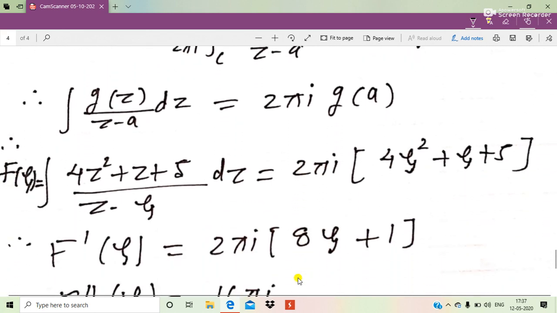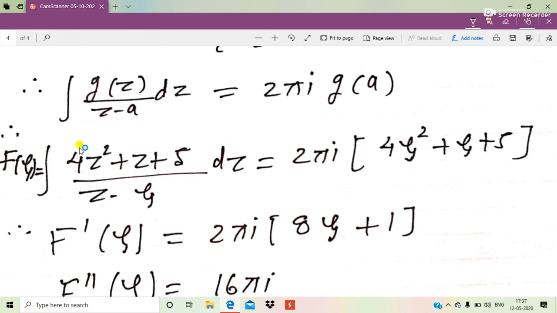Now if we compare with the given question, the value of g of z will be 4z square plus z plus 5, and z minus a will be z minus zeta. So in place of a we have to put zeta. Therefore its value will be 2 pi i into g of zeta, and g of z was 4z square plus z plus 5.